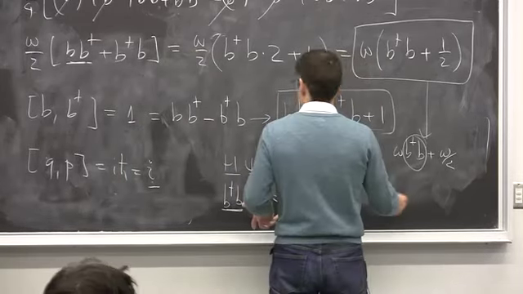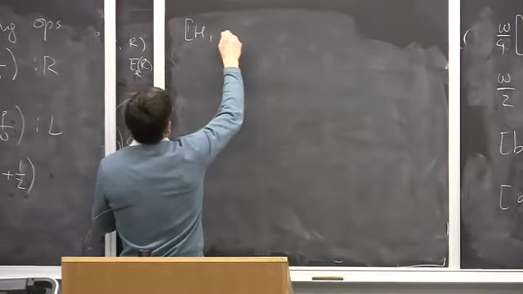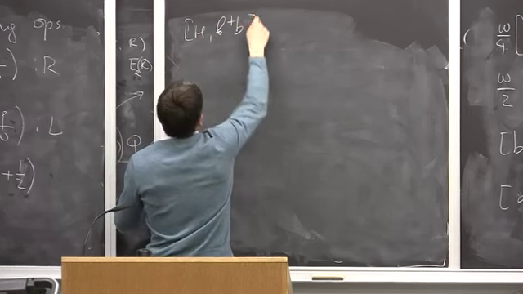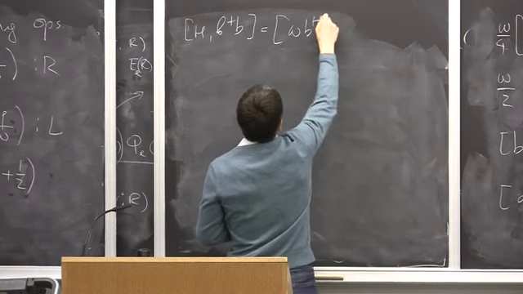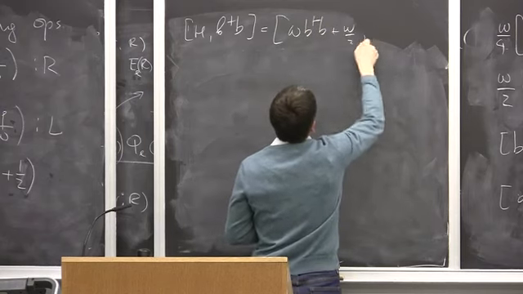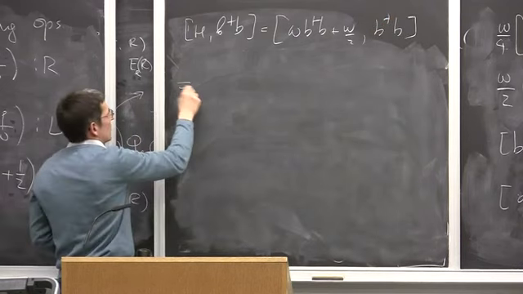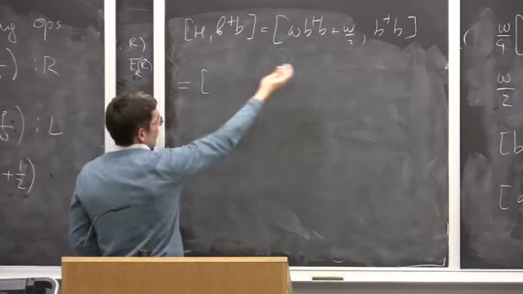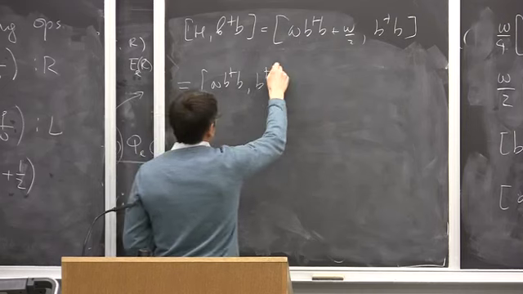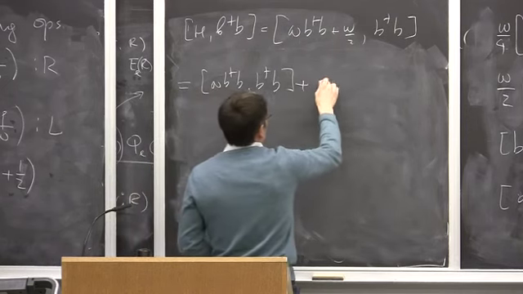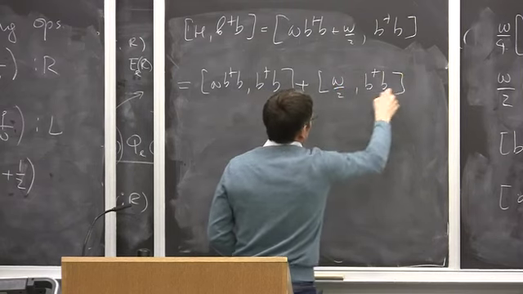So let's just write the commutator of b dagger b with H. Then we have omega b dagger b plus omega divided by 2, right? So this is essentially the sum of two commutators: omega times the commutator of b dagger b with b dagger b, plus omega divided by 2 times the commutator of b dagger b with 1, right?